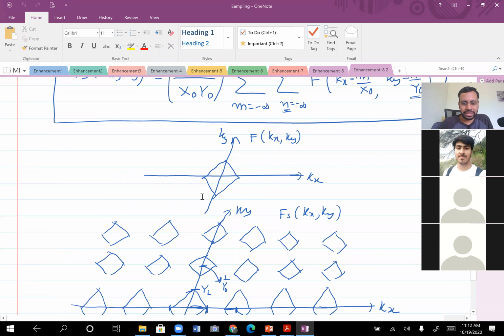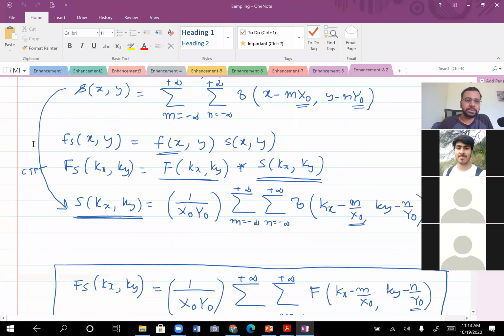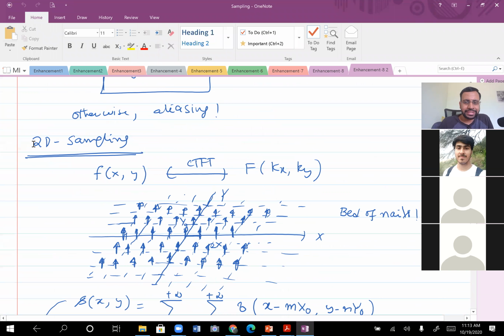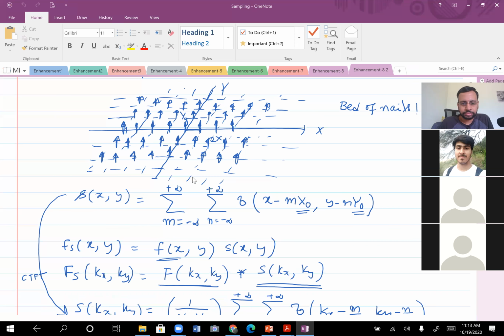On the ky, for example, this value should tell you how many copies you could place there. That's the frequency spectrum. In other words, the frequency spectrum of f of xy governs or influences the ideal or the minimal sampling rate that we should have along x and along y.